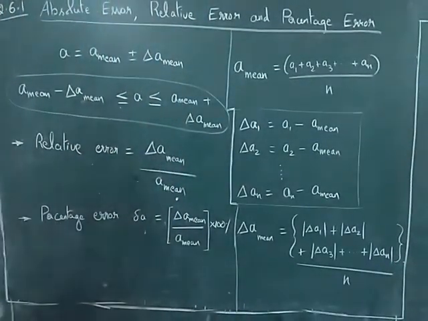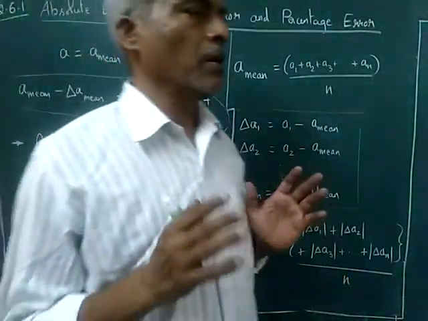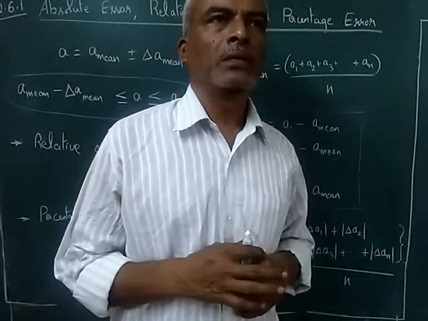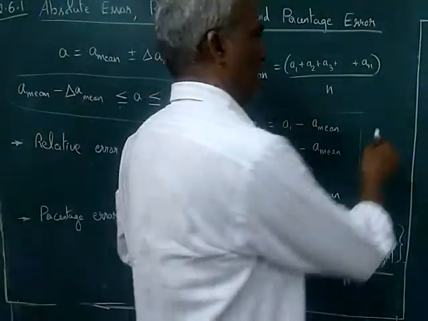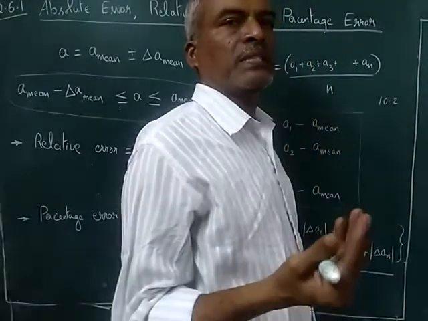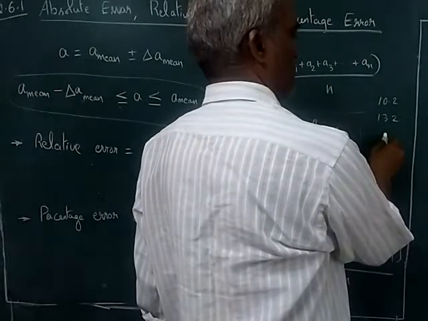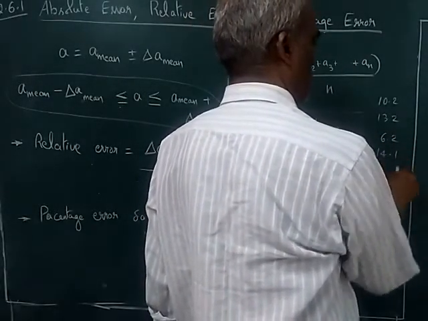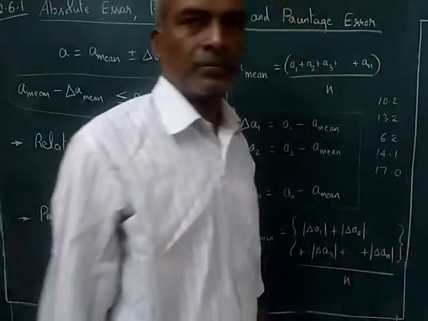Now first we will go for, suppose we are making n measurements. Assume in one experiment we are measuring voltages. Say the first time it may be 10.2, after some time it can be 13.2, then 6.2, then once again 14.1, then 17.0, like that.